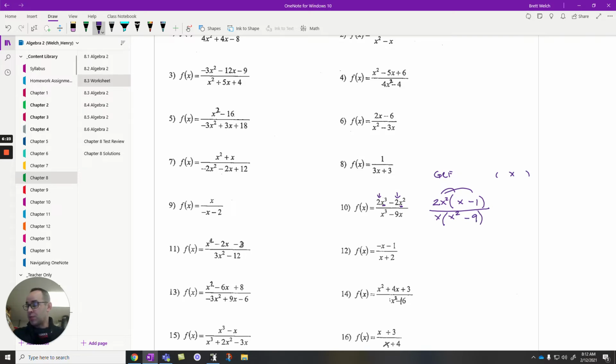A lot of times this is where we'll stop, but we always need to look at our x squareds and see if we could factor that as a parentheses. See this x squared minus 9? That tells me that there's more to do, because that's a difference of squares. So I'm going to replace this denominator with my x, that's still there, but x squared minus 9 factors as x plus 3 and x minus 3.